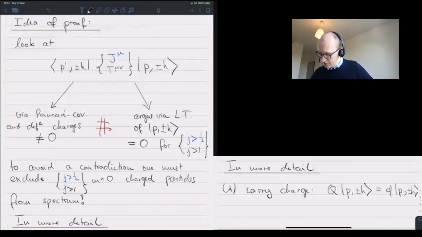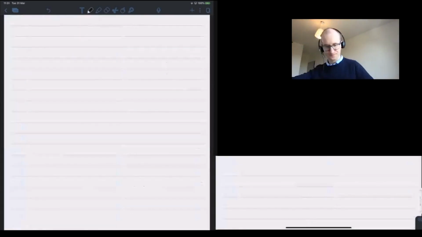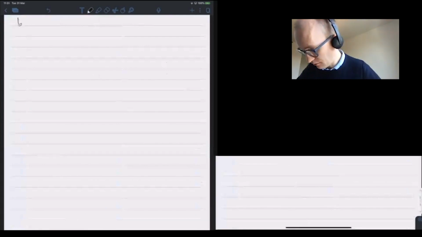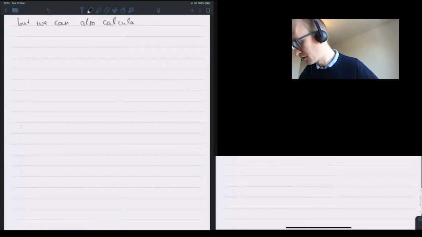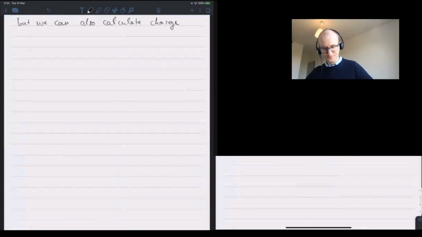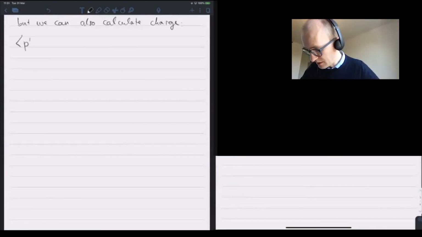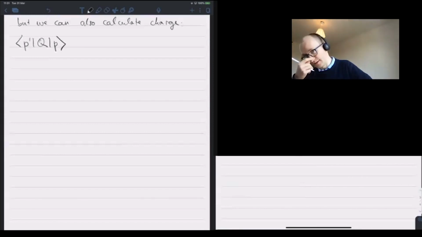But we can also calculate charge as follows. We can look at the matrix element P primed of this operator P prime P, and I'm suppressing the helicity index here for notational simplicity.